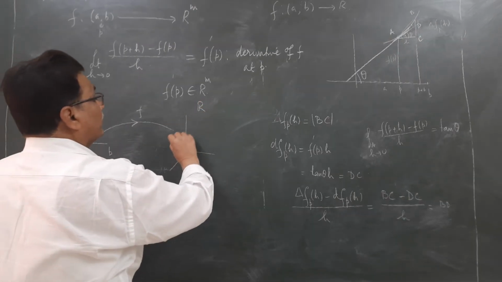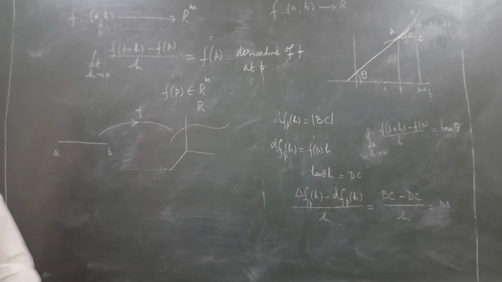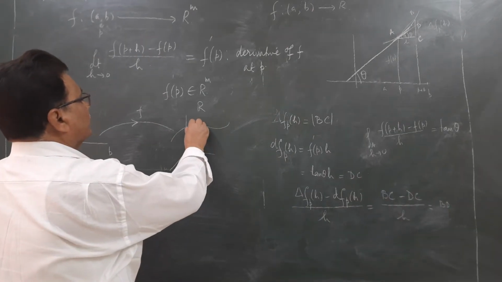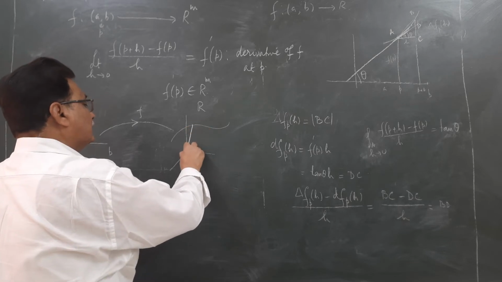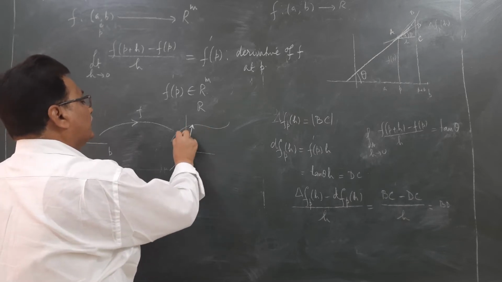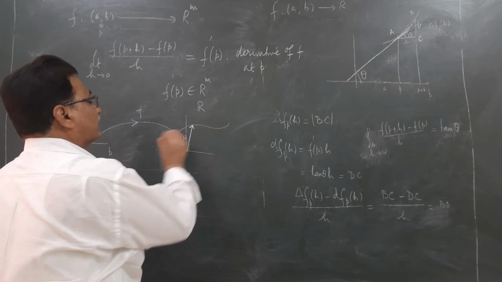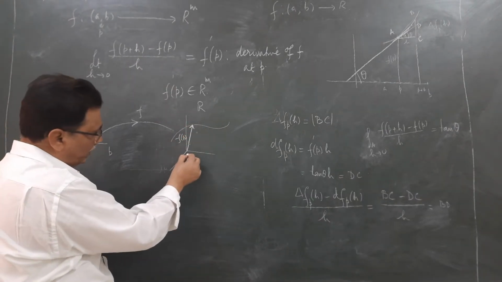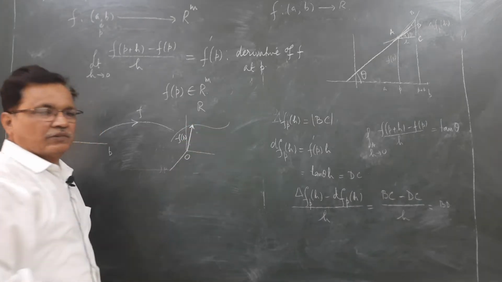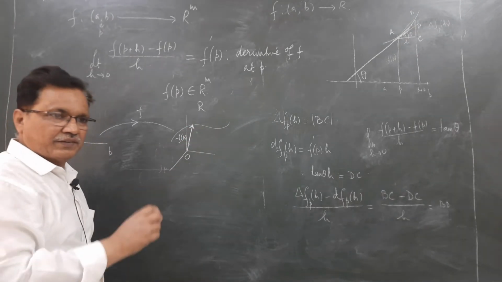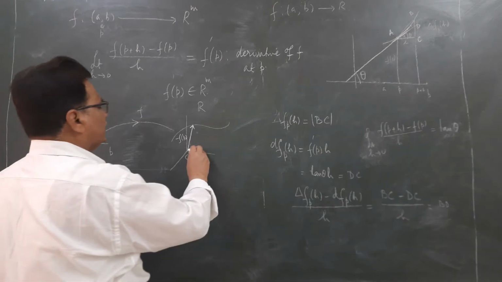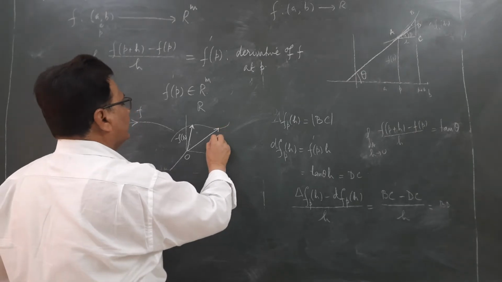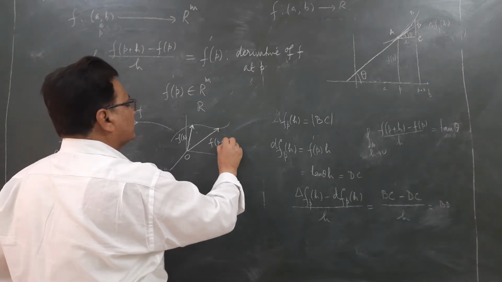The graph will be a curve in R3. If P is a point here, f of p will be the position vector. Is it right? f of p will be a point of the curve. I will join it from the origin, it will become a vector. So f of p is a vector in Rm, and it's a position vector of a point on the curve.